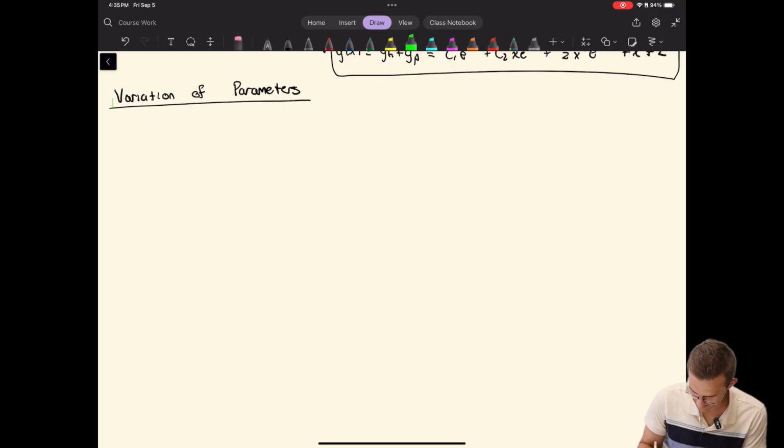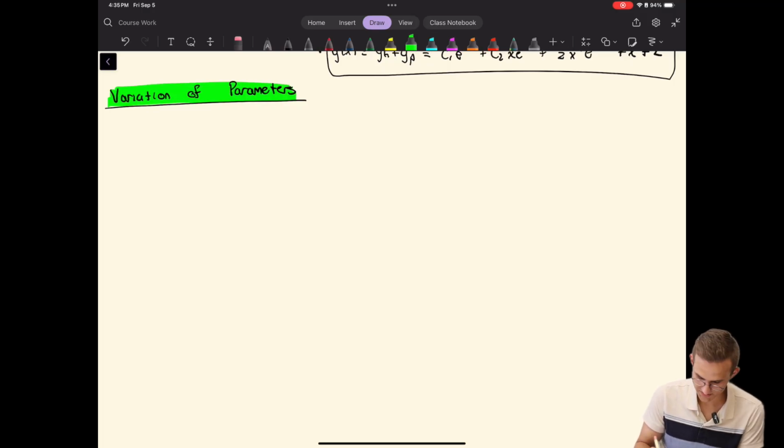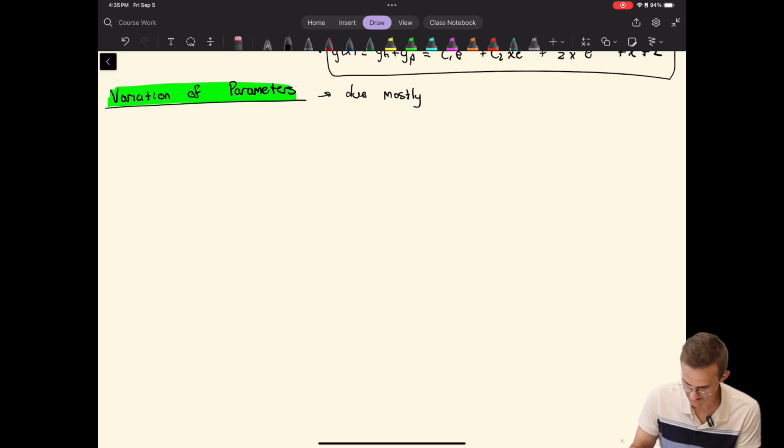Okay, and this method is due to Euler as well, but it's mostly due to the one who really formalized it the best. So Euler did touch on this first, but the person who really put it together in the way that we use it today is Lagrange.